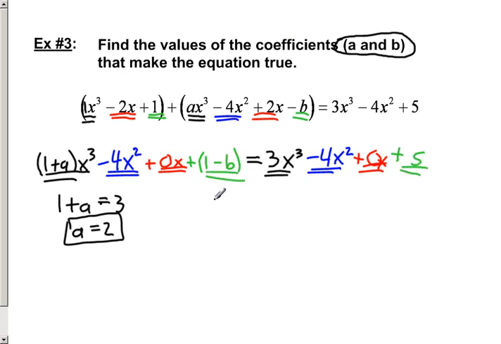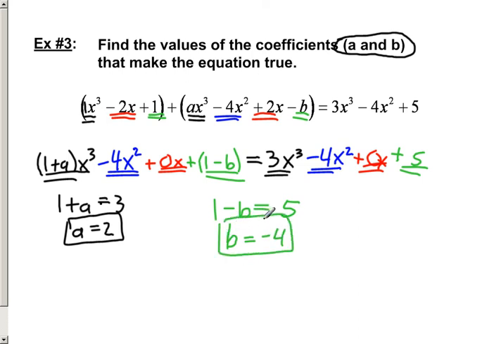So we need 1 minus b to be equal to the other constant, which is 5. If we do a little solving here, maybe you subtract 1 and then divide by negative 1, you find that b is going to be equal to negative 4. Yeah, I second-guessed myself there for a second.